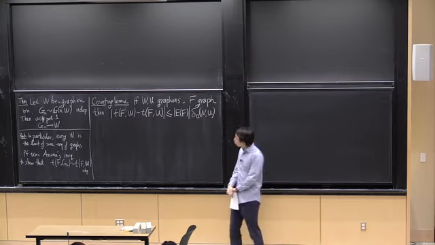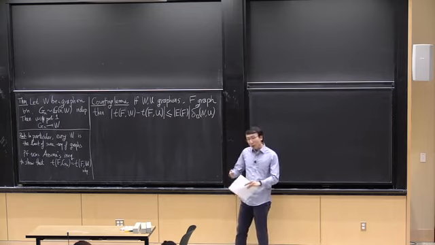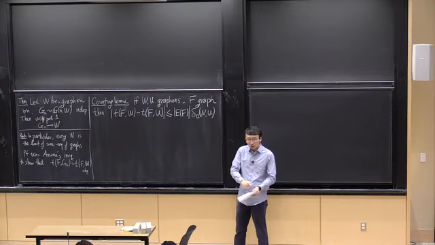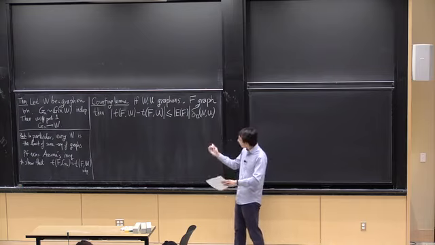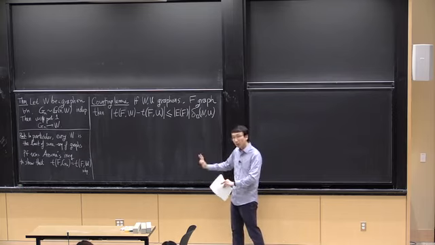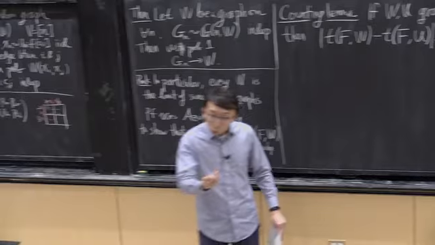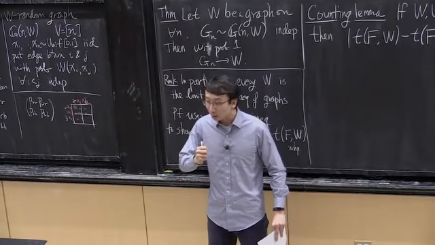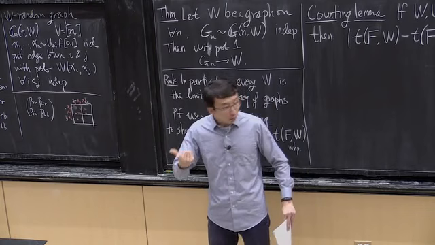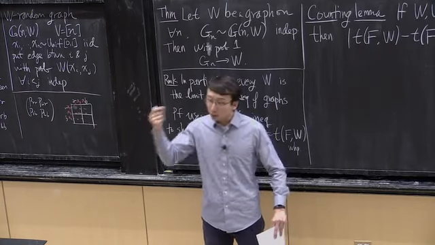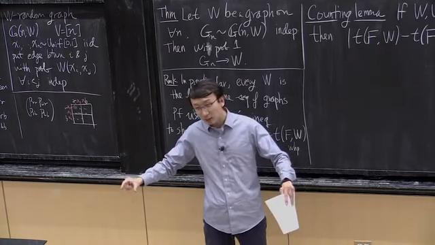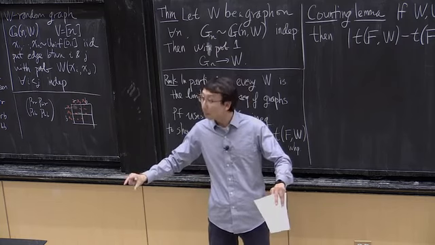Okay, so maybe some of you already see how to do this from our discussion on Szemerédi's regularity lemma. In any case, I want to just rewrite the proof again in the language of graph functions. We did two proofs of the triangle counting lemma. One was hopefully more intuitive for you, which is you pick a typical vertex, it has lots of neighbors on both sides, and therefore lots of edges in between.